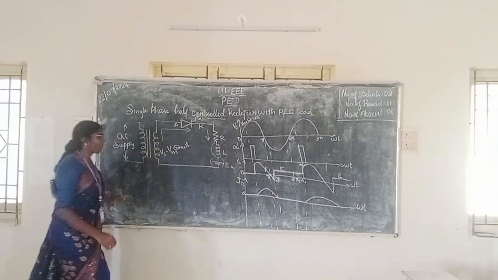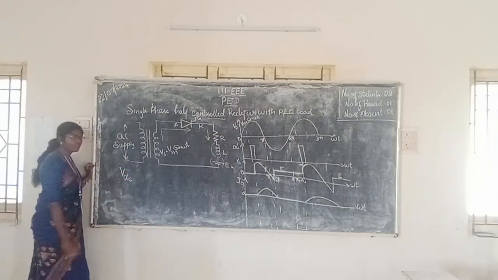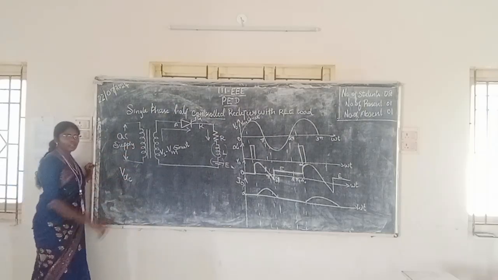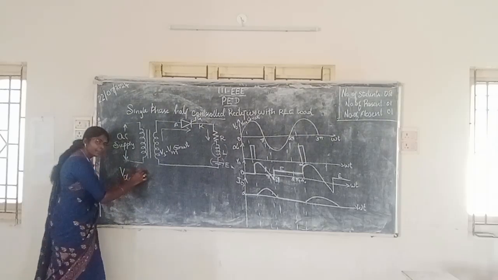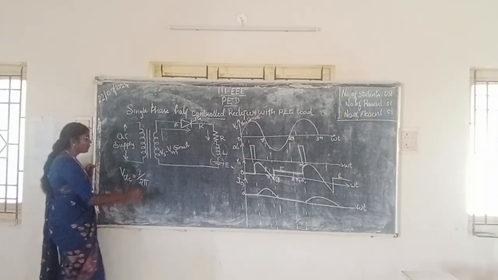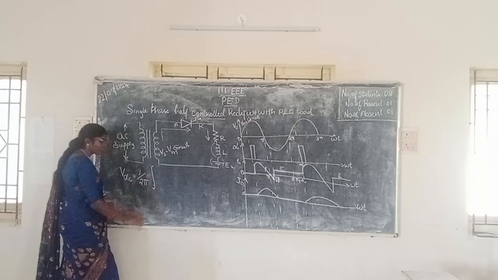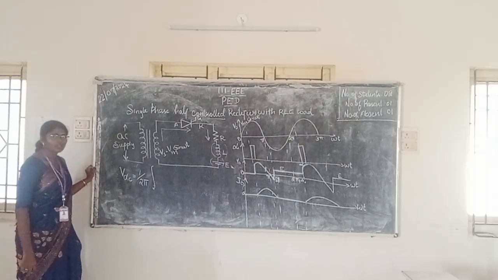After that, what you have to know? We have to derive the average DC voltage which is being converted. So VDC is equal to, what is the formula? For the complete cycle we will be seeing it. So 1 by 2 pi, and what are the integrals? What are the voltage sources here?